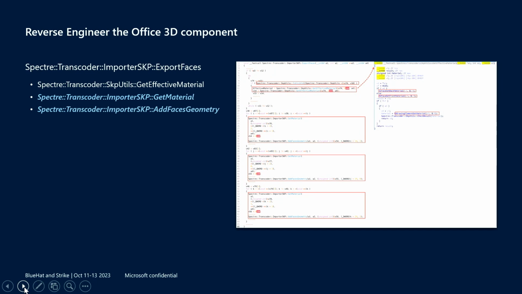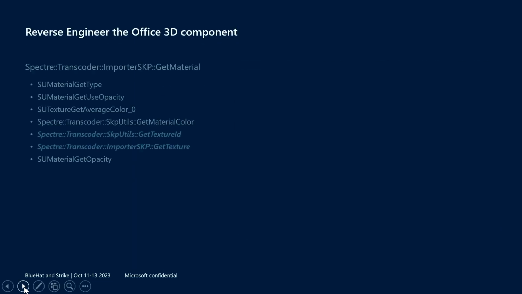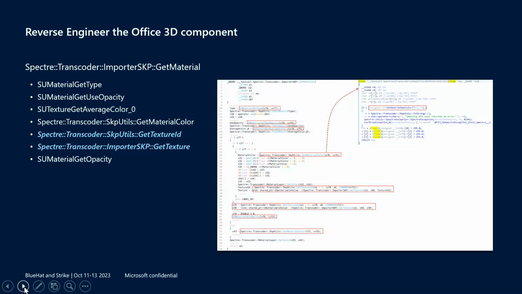Here's the wrapper function, import faces. And this is the function get material. It will call another wrapper function, get texture ID and get texture.